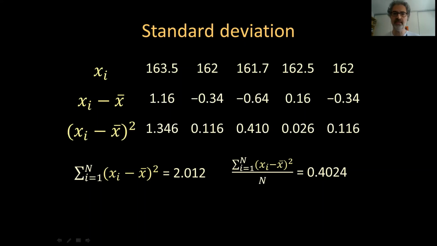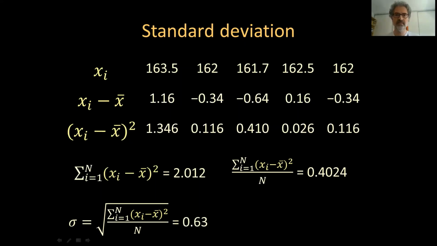So this is the mean squared deviation. And then if we apply the square root to this number, just enter this number into your calculator and request the square root, and you get this number.